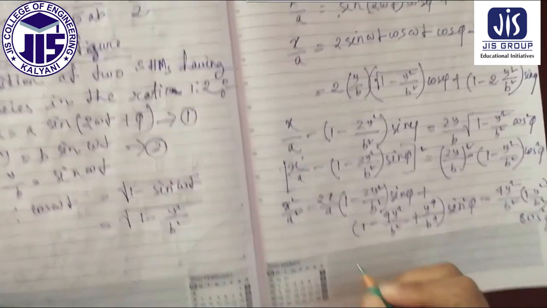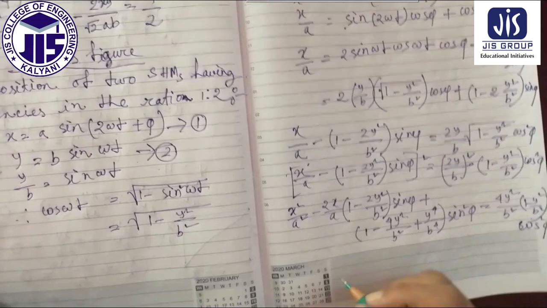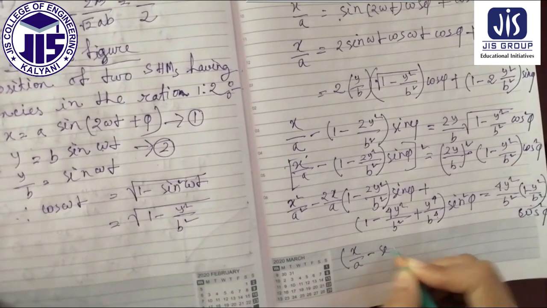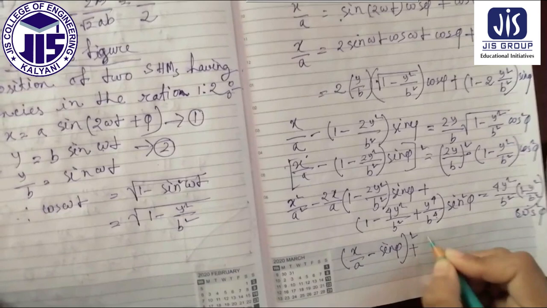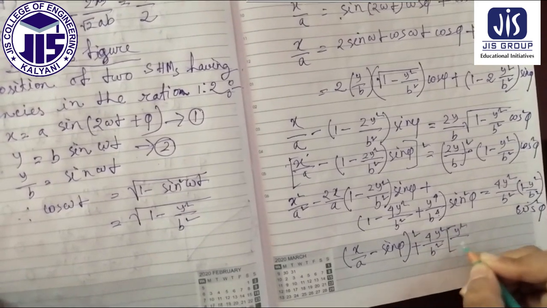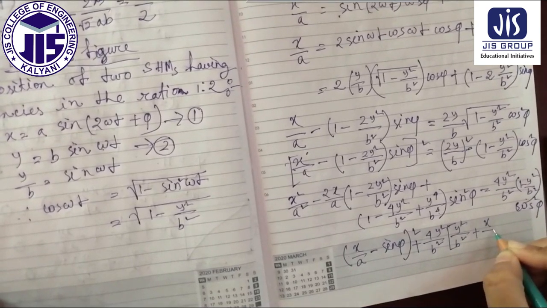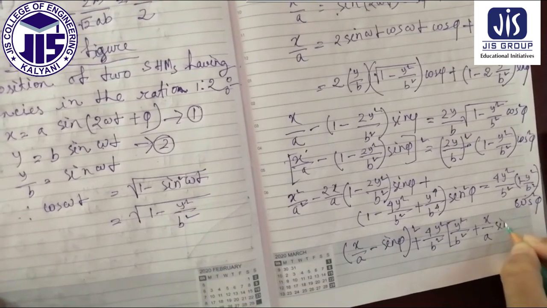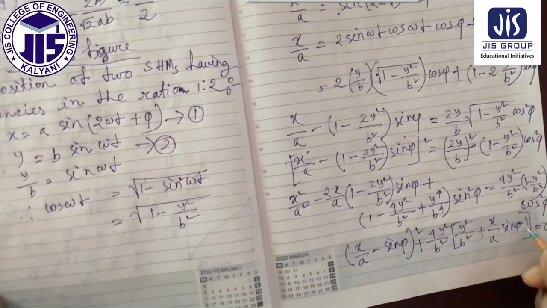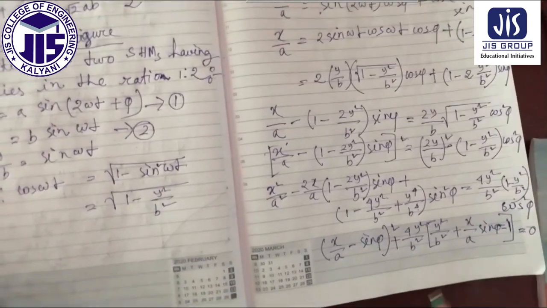So therefore if we arrange them in a proper manner, then finally we can get from here x by a minus sin phi whole square plus 4y square by b square into y square by b square plus x by a sin phi minus 1 equal to 0. So this is the final equation.